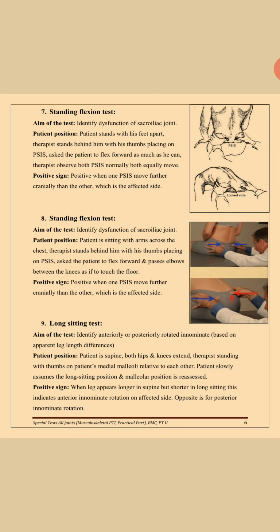Patient slowly assumes the long sitting position and malleolar position is reassessed. Positive sign: when leg appears longer in supine but shorter in long sitting, this indicates anterior innominate rotation on affected side. Opposite is for posterior innominate rotation.